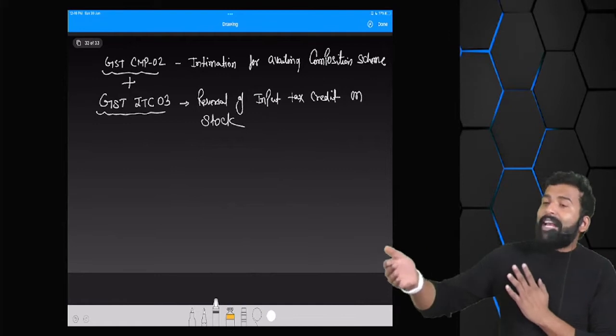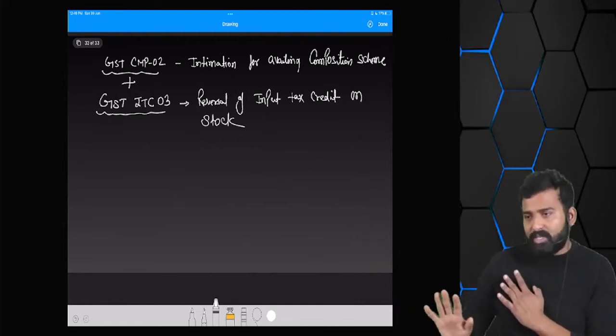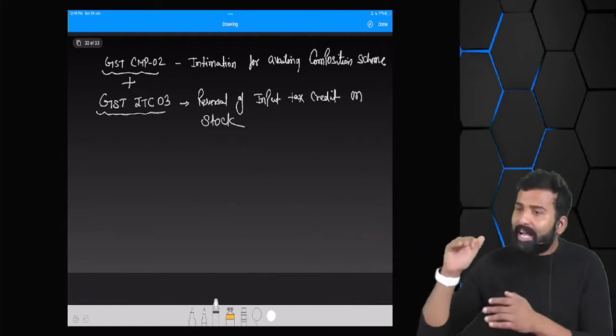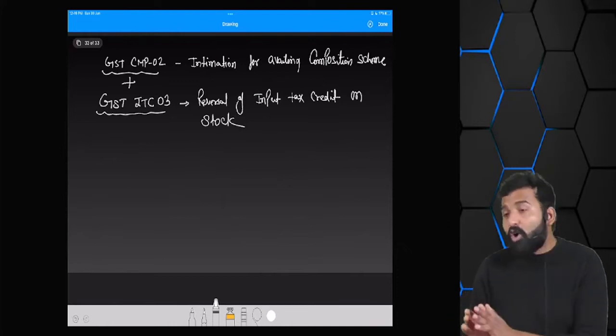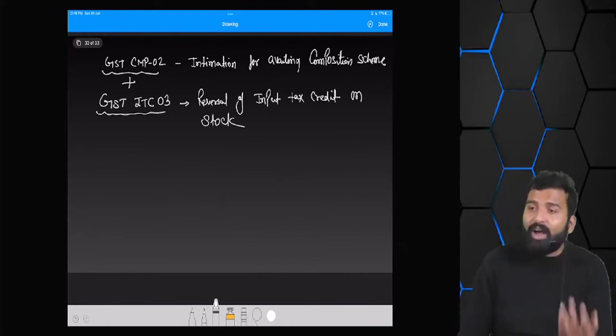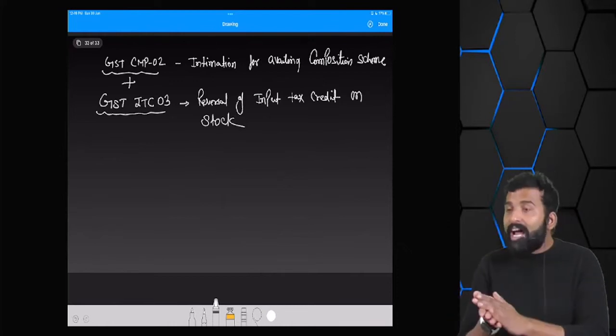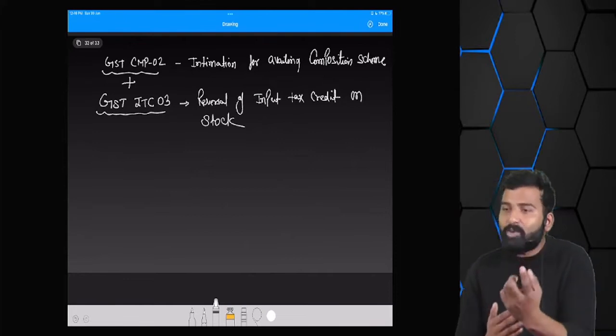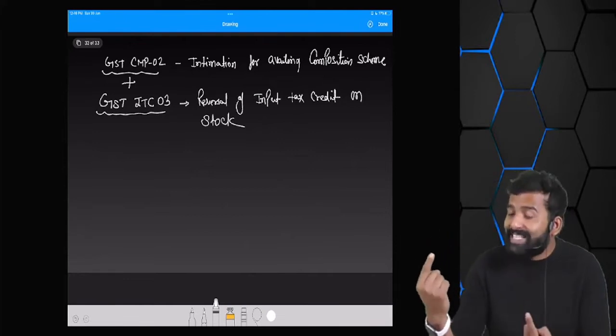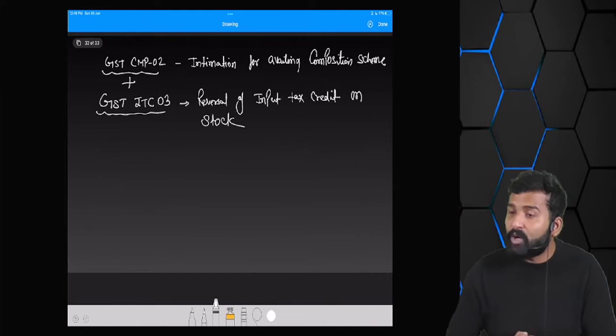So you have claimed input tax credit on those goods, and now those goods are remaining in your stock. Of course, you will be selling them after you have availed the composition scheme. So when you sell them, you will be paying tax of only 1%, and you have availed GST credit of 18% or 12% on such goods.